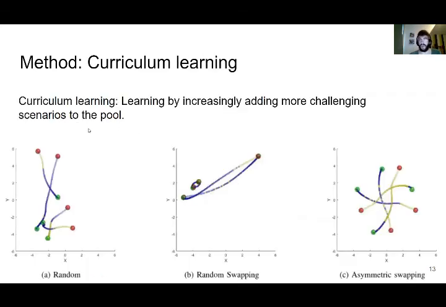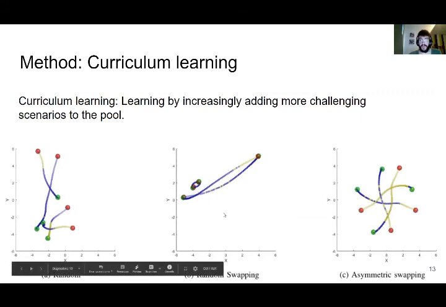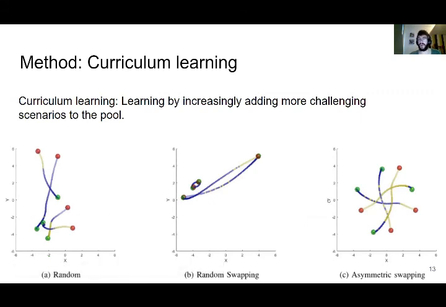Additionally, we use curriculum learning, in which we add to our pool of scenarios increasingly more challenging scenarios. The considered scenarios are those of random navigation, random swapping, and asymmetric swapping.